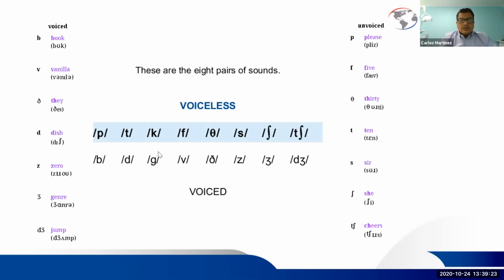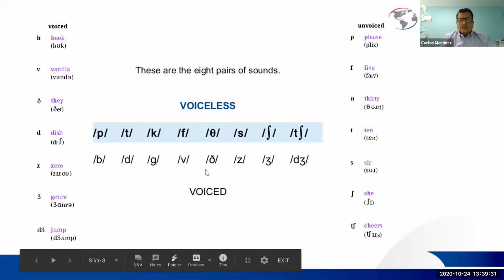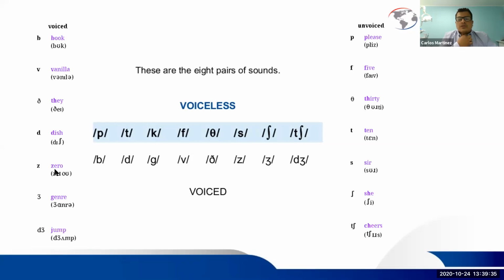So if you can master these 16 sounds and just make the difference with the z, for example, the easiest one, the zero and the z and the s, zero, sir, zero, sir, no vibration.